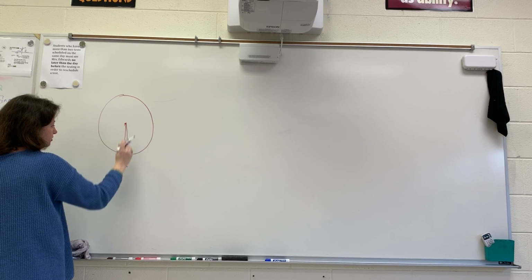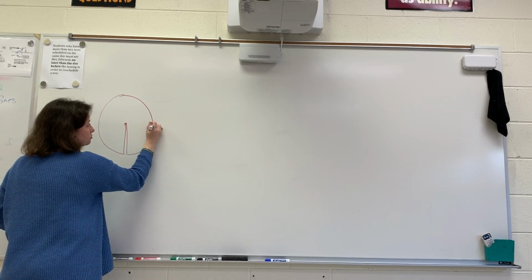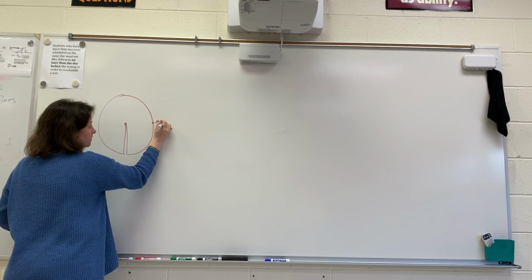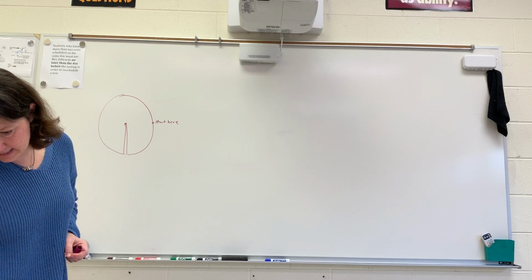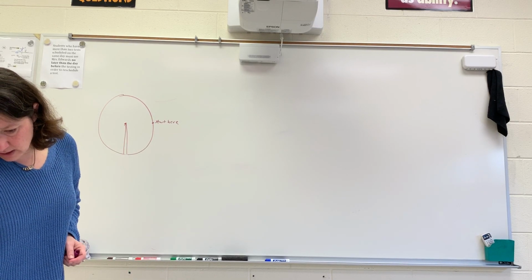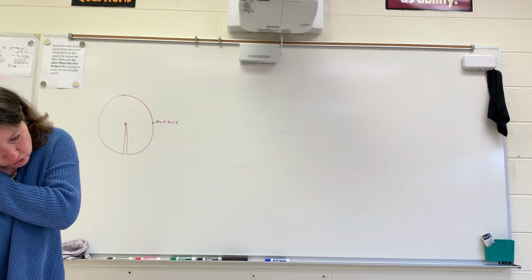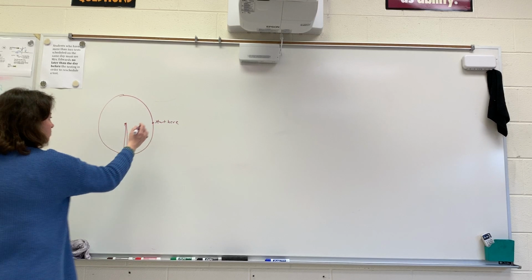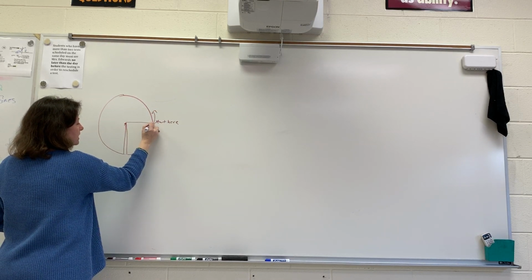But we're going to consider this where you start. So I start here. And then we move in a, does it say which way we move around the wheel? It doesn't tell me, so we're going to assume counterclockwise so that we're working with positive angles in terms of trig. So we're starting here.